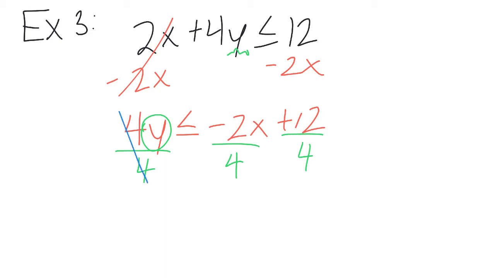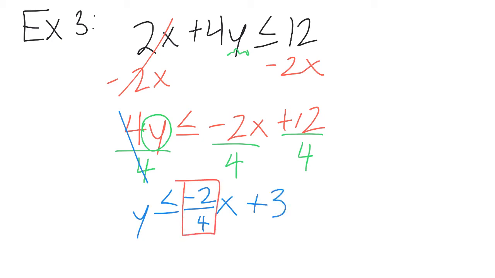So then those cancel out here, and I'm left with y is less than or equal to -2/4x plus 3. However, I can simplify this fraction, my slope, right? And so I'm going to simplify that. So the simplest version I can get is y is less than or equal to -1/2 x plus 3.